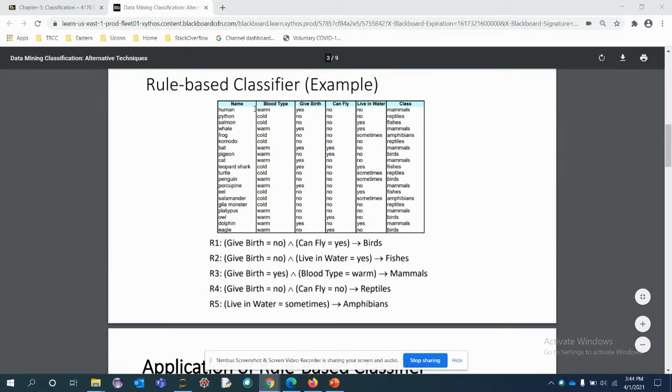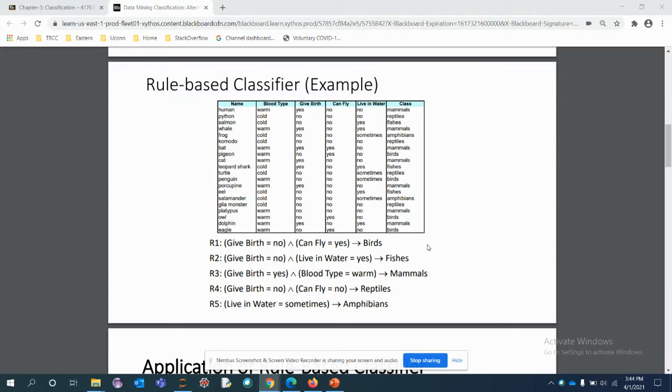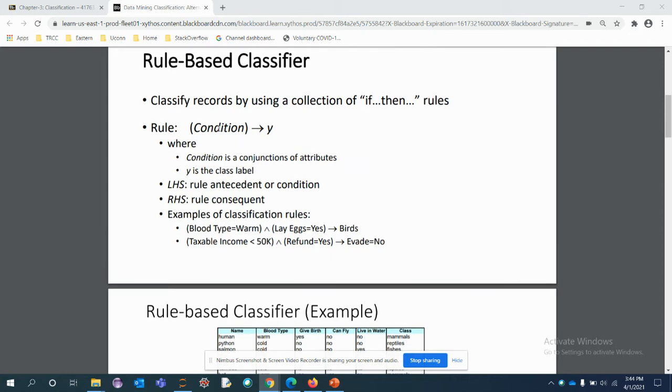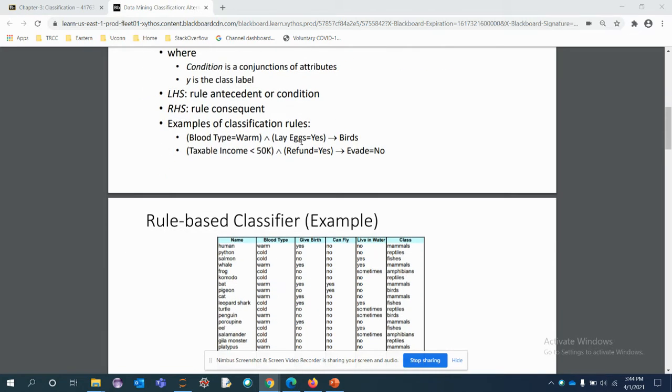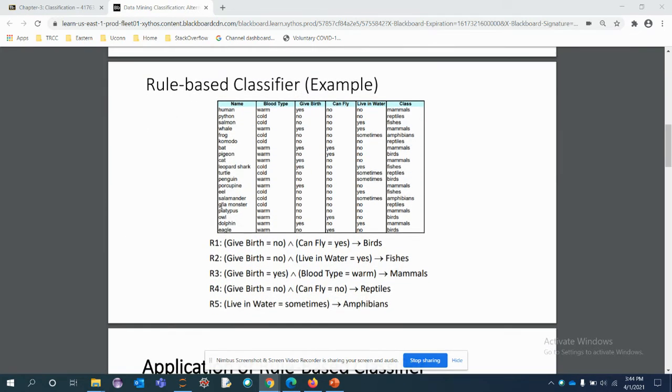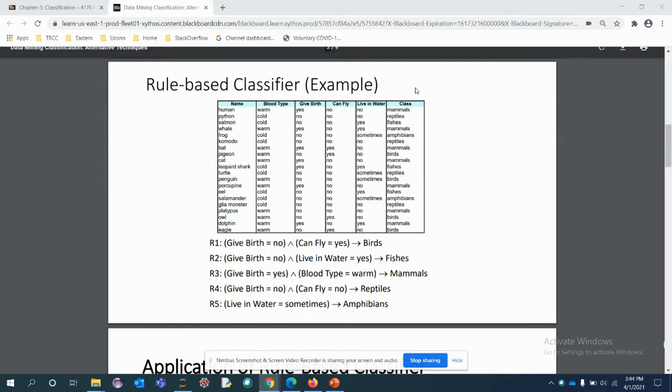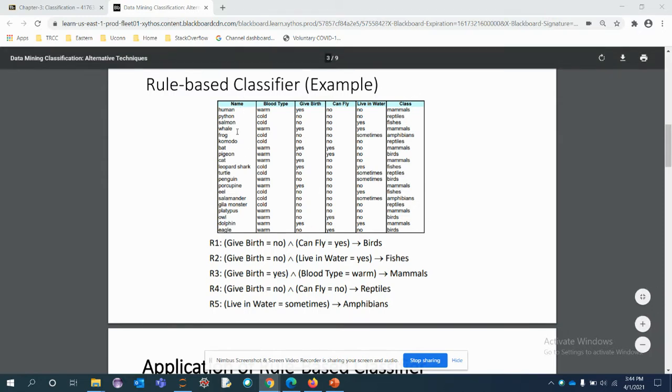So if you see in this slide, this is an example of a rule based classifier using a given data set. Using the same rule, condition tends to y, we can form a rule, and there can be a set of rules based on the different attributes given here, the columns. So based on the values, we can consider the names of the mammals.